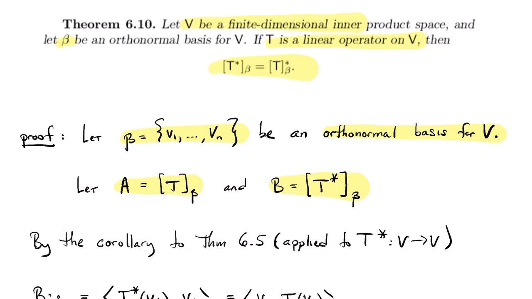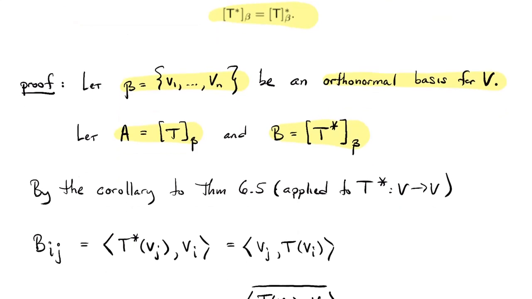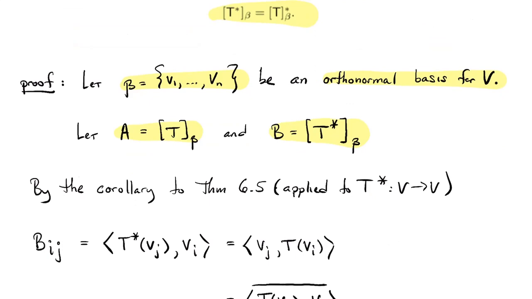When finding the matrix for a linear operator, remember that you take the image of any basis vector. So I want to know what is in row i of column j of this matrix B.